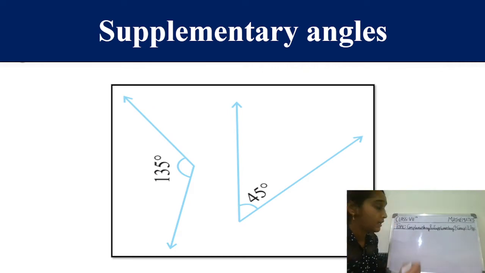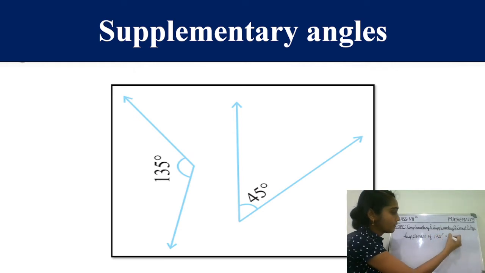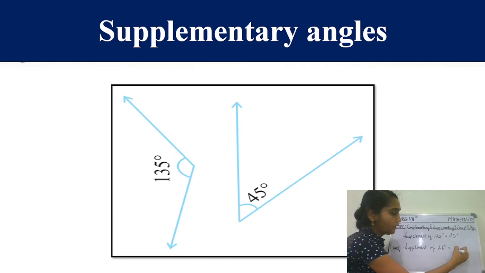Now we can say that the supplement of 135 degree is 45 degree, and the supplement of 45 degree is 135 degree.